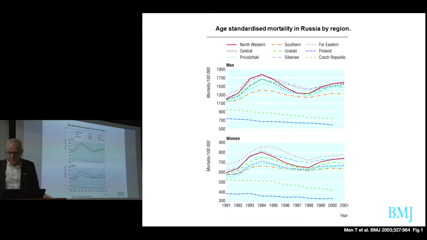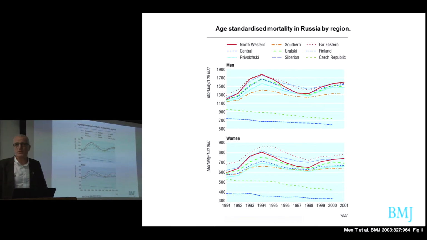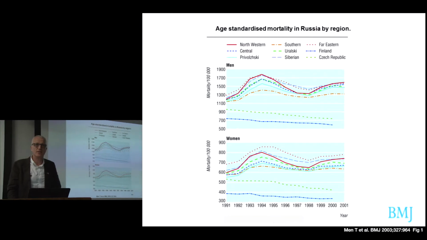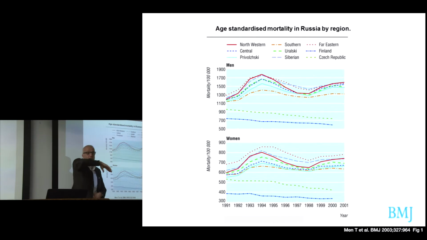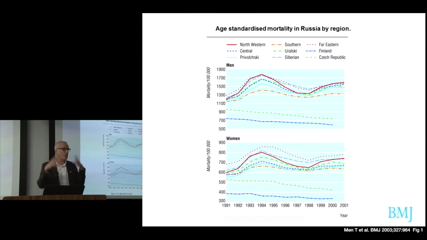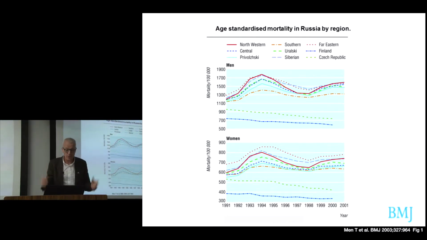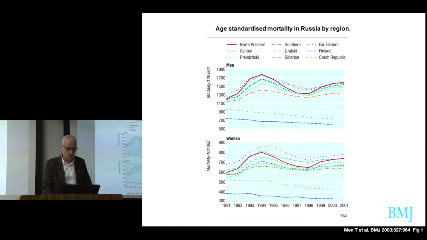So it doesn't really tell you about the performance of health systems or anything like that. The things that make disease go up and down in populations are often macroeconomic things. It's not about provision of health resources.